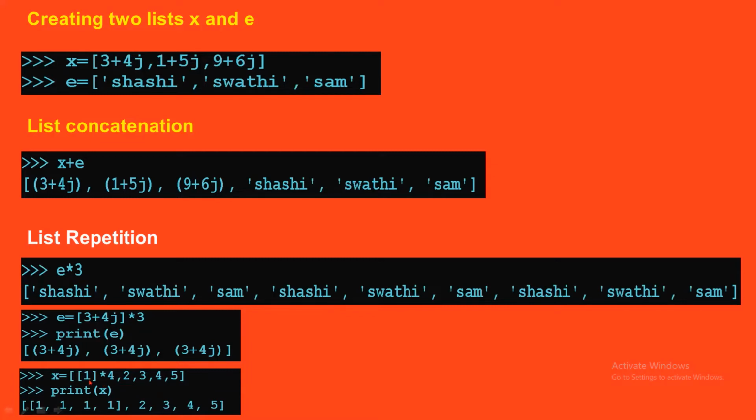In this nested list which contains the element 1, I just want to repeat that element 4 times. So I just say 1 star operator followed by 4. Just the list containing the element 1 is repeated 4 times, and all other elements remain as such. So this is also possible by using the star operator.